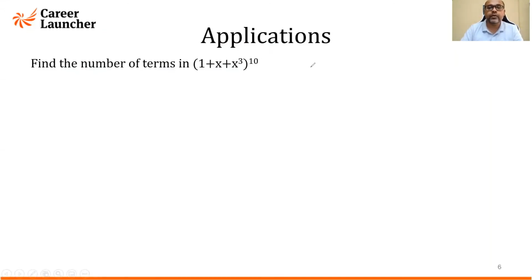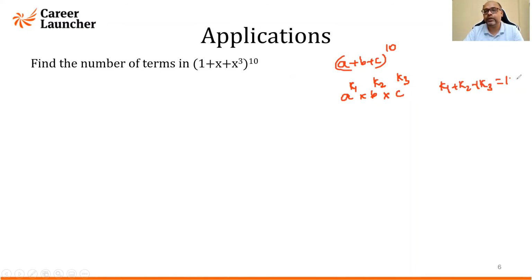Now here, if I am looking at 1 plus x cubed whole power 10, I will compare it with a plus b plus c whole power 10. Now, if I write a power k1 into b power k2 into c power k3, clearly k1 plus k2 plus k3 should be equal to 10. So this is how the terms will look.